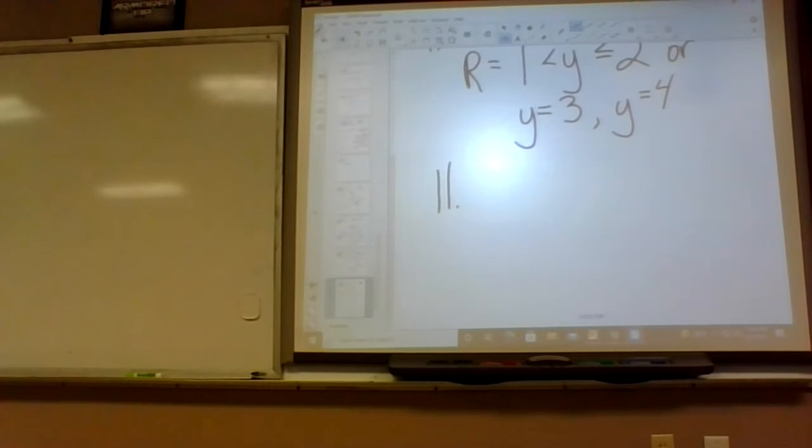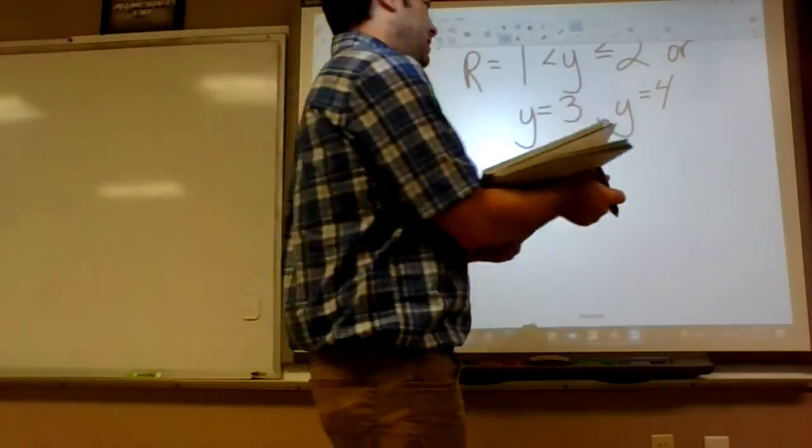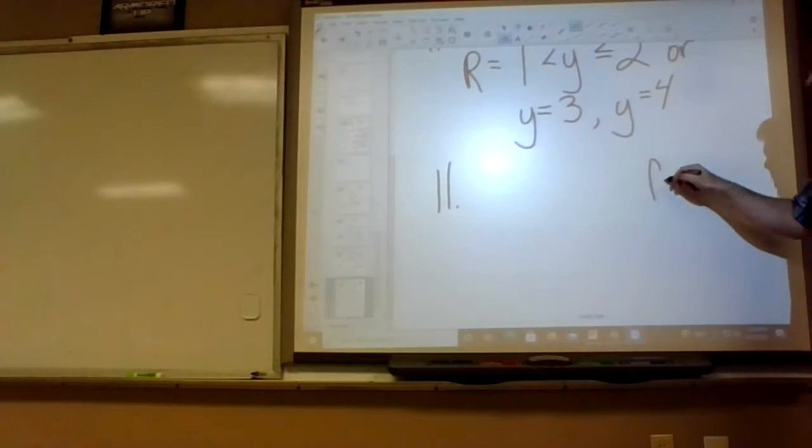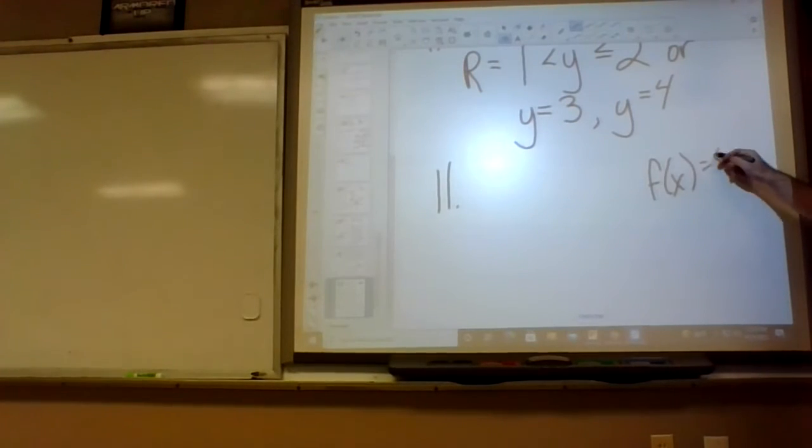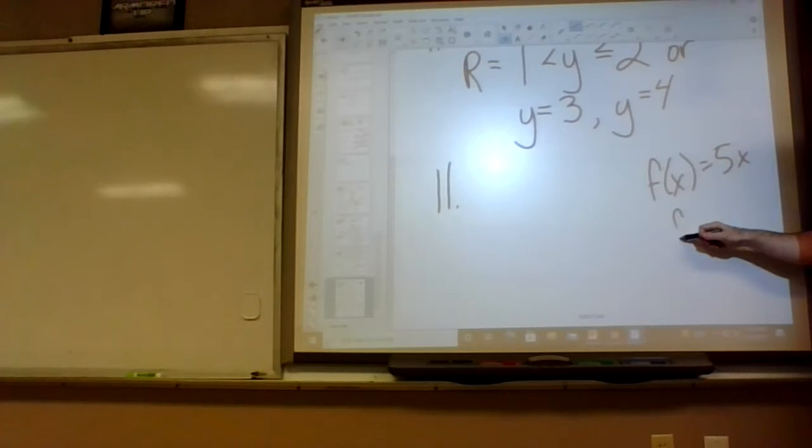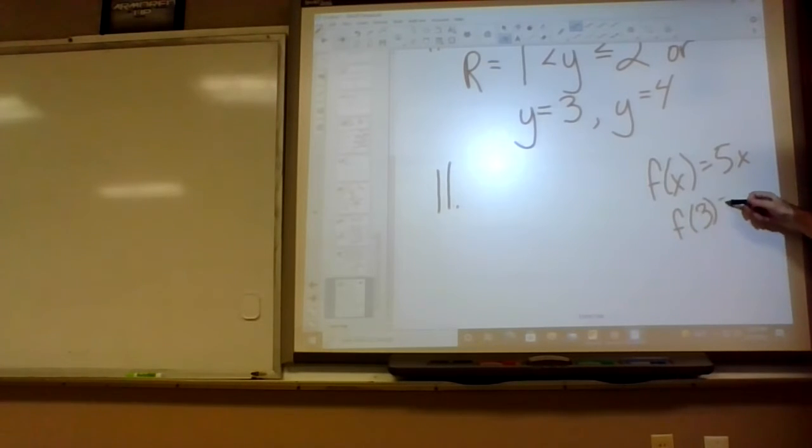If f of x equals 5, what happens when I plug in 3? Find f of 3. It would be 15 if they said f of x equals 5x, since 5 times 3 is 15. But it just says f of x equals 5.